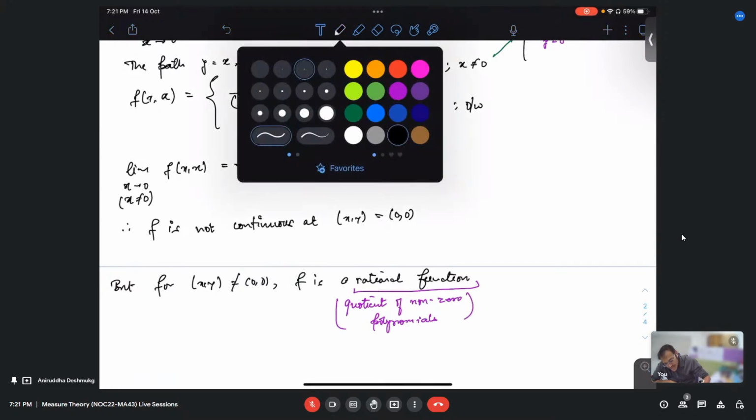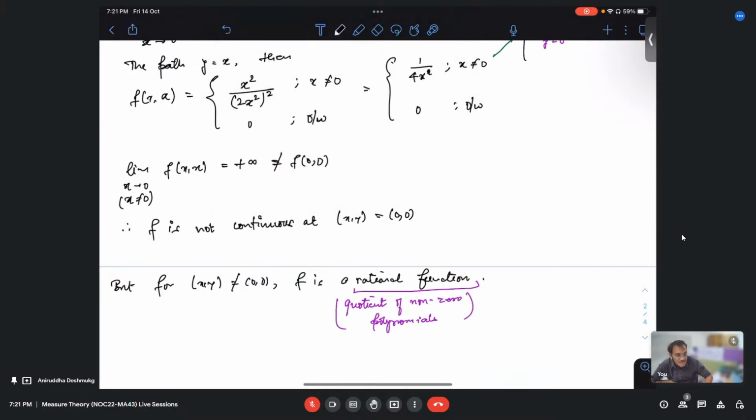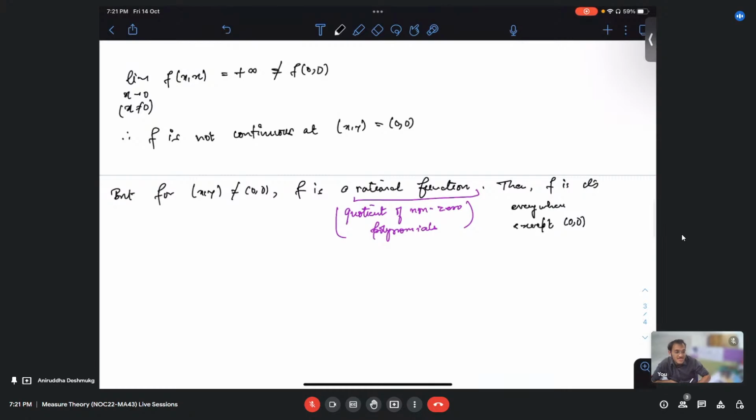So rational functions are already continuous. In fact, they are smooth whenever the denominator is non-zero. So then f is continuous everywhere except at 0, 0. Or in the terms of measure theory, f is continuous almost everywhere.